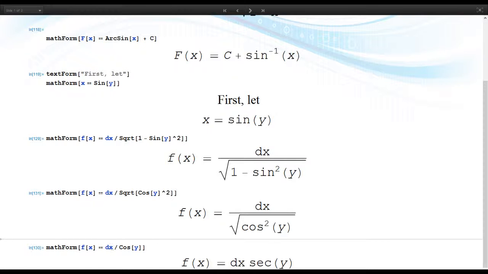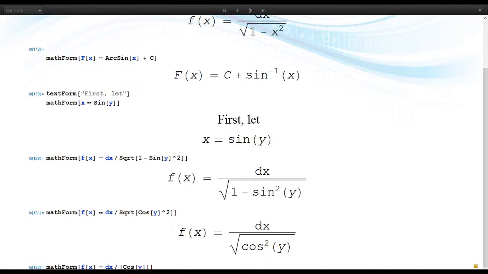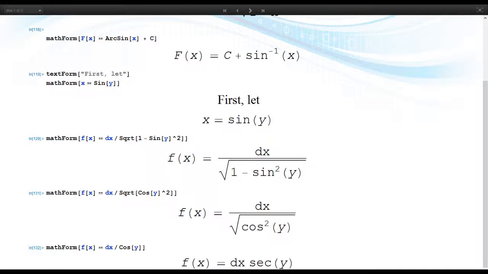Okay. We'll just have to deal with the dx being in the front there.